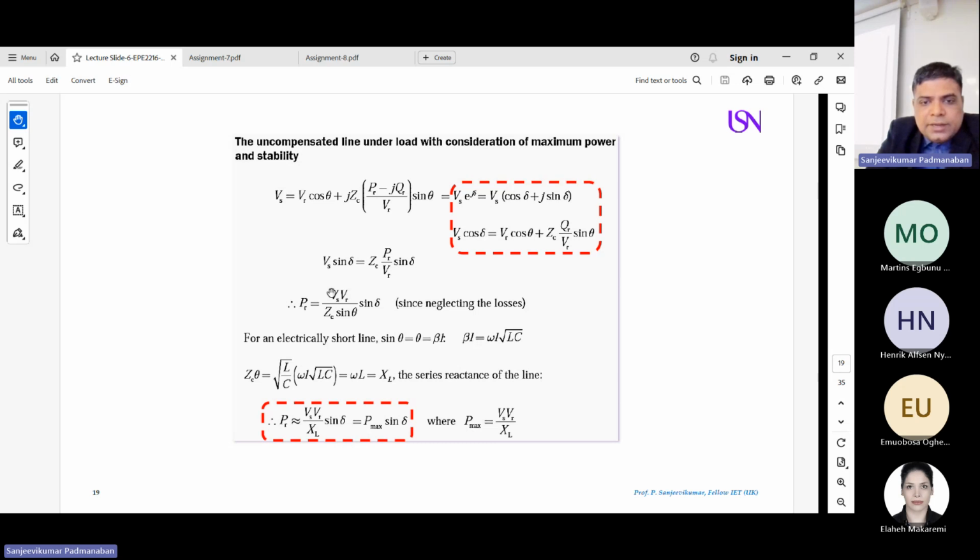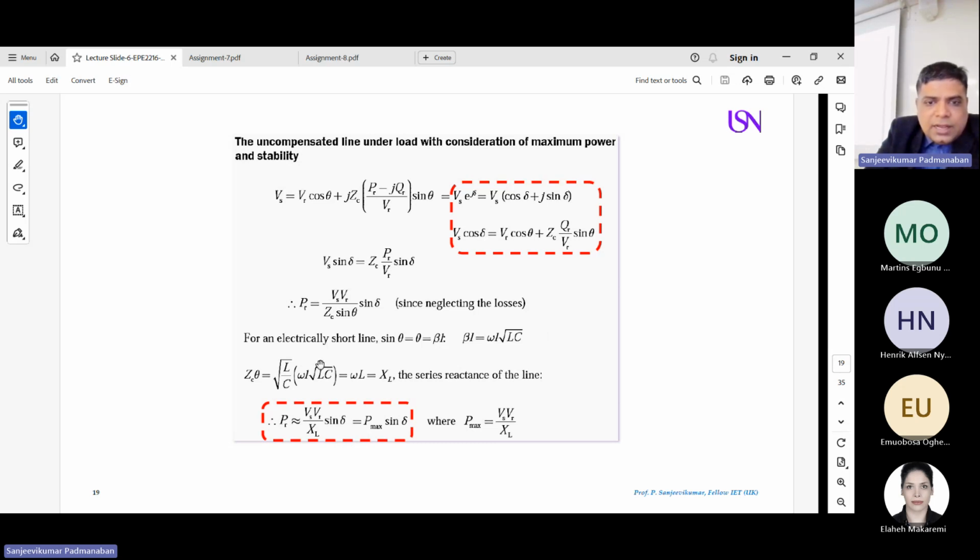Then, to make it more compact for a short line, you can take sine theta equal to theta, which is nothing but beta L, where L is the length of your transmission line, and beta L can be calculated by omega L into root LC. So for a transmission line where you want maximum power and stability for an uncompensated network, you can apply omega L root of LC.